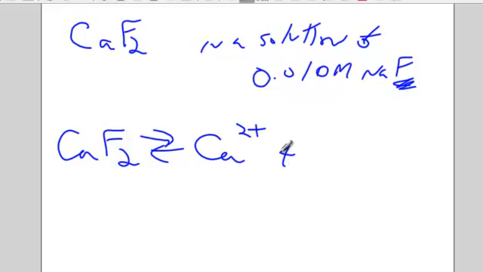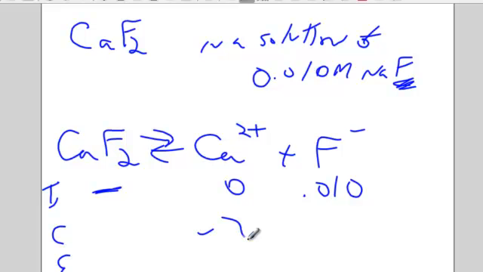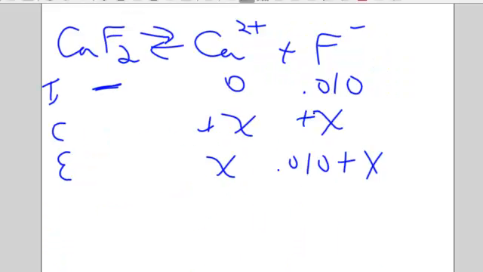This is the same way you did common ion effect back at the beginning of this chapter. We don't care about how much of that initially we have, but we do have some of that. So when we do our ice box, that's minus x, that's plus x, sorry, and that's plus x. This is x, this is 0.010 plus x. Should be beginning to look familiar to you.